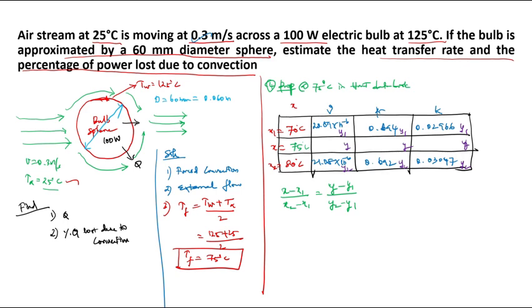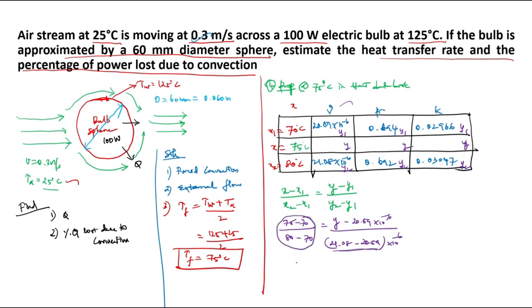Here x is equal to 75, so 75 minus 70 divided by 80 minus 70 equals, for solving the first one, kinematic viscosity, y minus 20.59 into 10 to the power of minus 6 divided by 21.08 minus 20.59 into 10 to the power of minus 6. Because 10 to the power of minus 6 is common for all the terms, that's why I introduced it.